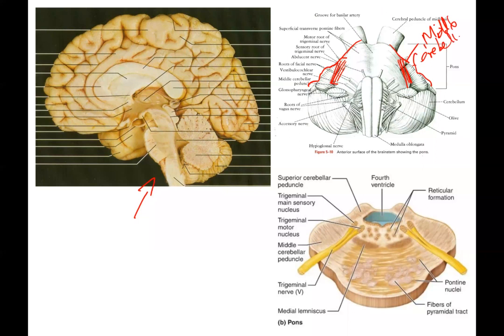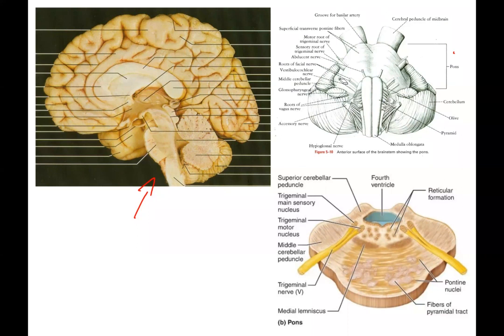It's a very large cerebellar peduncle. There is a superior cerebellar peduncle and an inferior cerebellar peduncle, which are fairly small. So the middle cerebellar peduncle connects the pons to the cerebellum.